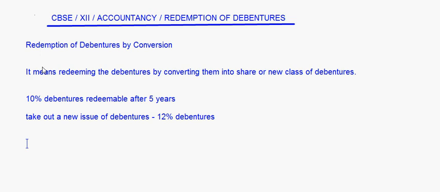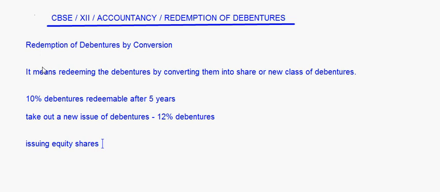Or else if the company says they are issuing equity shares, those debenture holders who want to convert their debentures into equity shares can do it, right? So those who feel that they want to convert into this category, they can shift to equity shares.